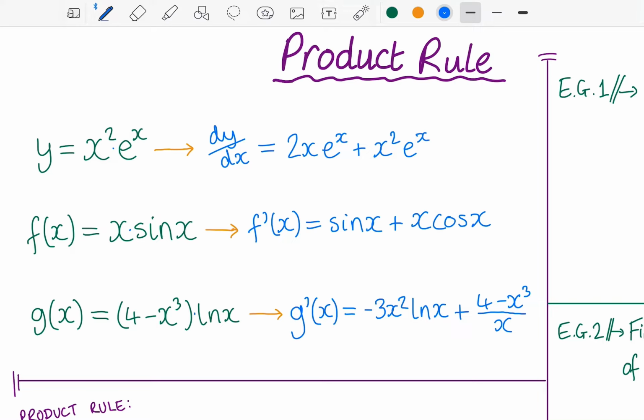So maybe what you've noticed here, if we call these f and g, f of x and g of x, is that I have the derivative of f times the original g plus the original f times the derivative of g, even though that may not have been clear for e to the power of x, obviously.